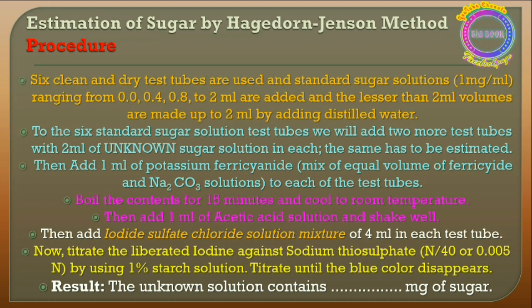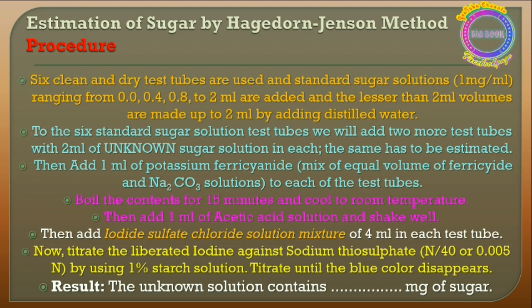After doing this, we add 1 ml of potassium ferricyanide to each of the test tubes, to all the standard solution test tubes and also the unknown sugar solution test tubes.